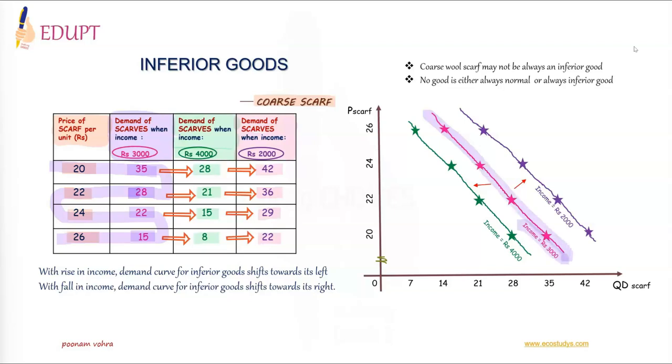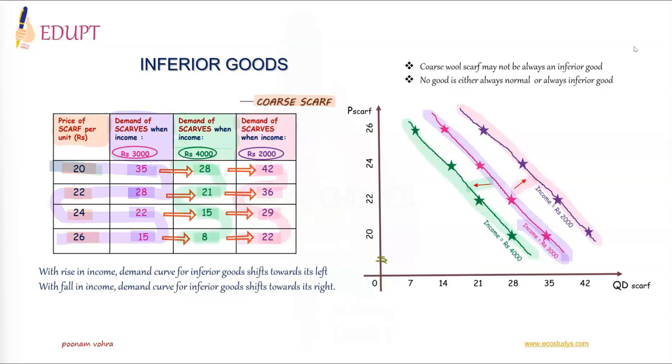By plotting price and quantity demanded when income is rupees 4000, one gets a downward sloping demand curve, but the demand curve shifts towards its left. And when income is rupees 2000, by plotting these values, one gets a demand curve which is downward sloping, but it is towards the right of the original demand curve.